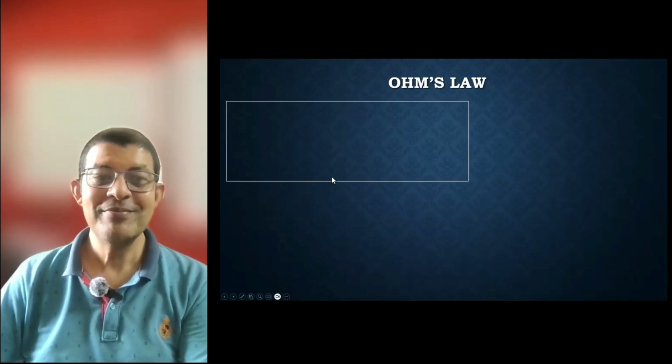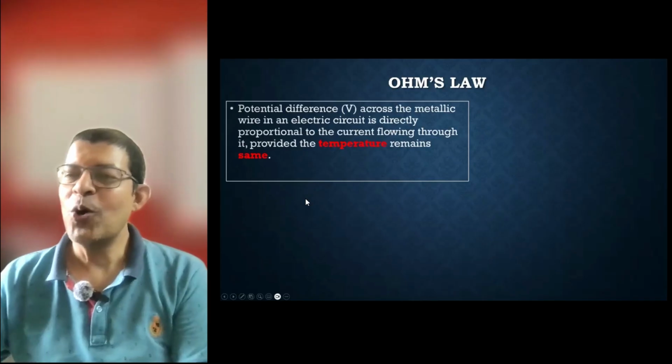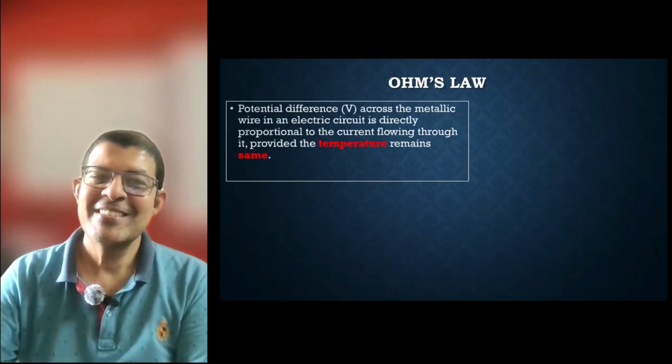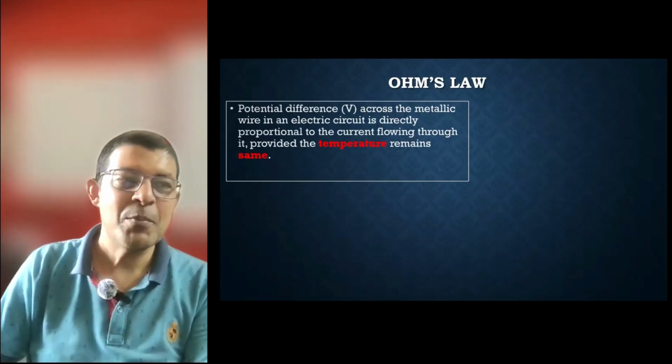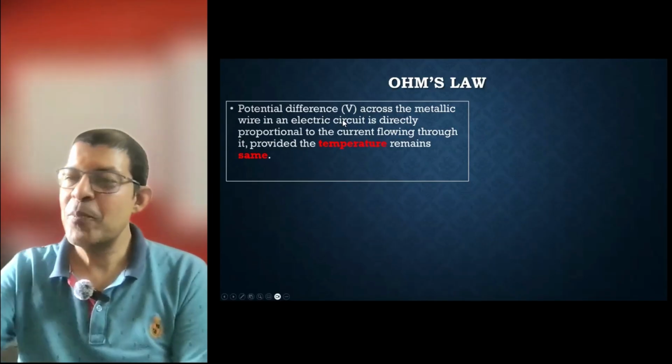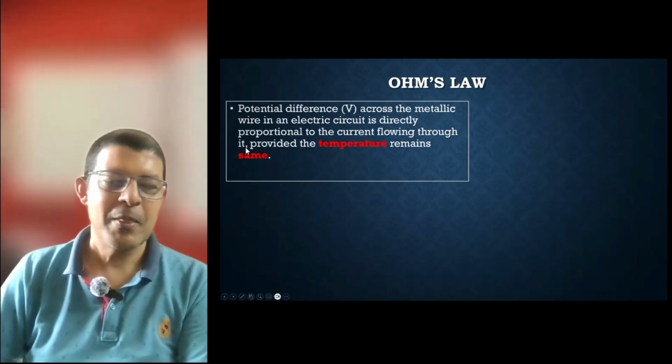Okay, we clear this. Now we see Ohm's law. What is Ohm's law? Ohm's law is defined as the potential difference across the metallic wire is directly proportional to the current flowing through it, provided the temperature remains same.